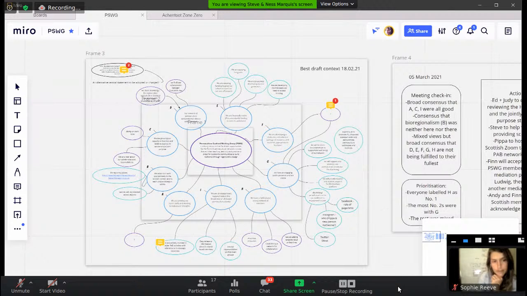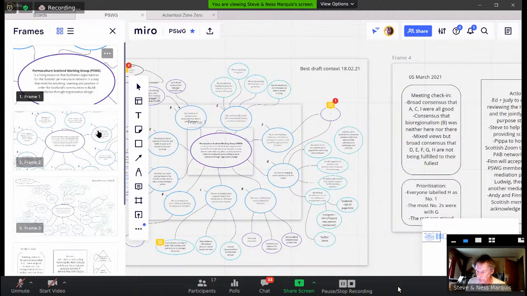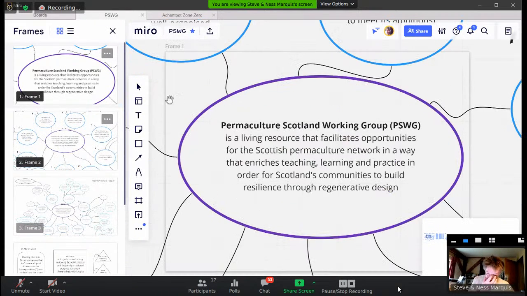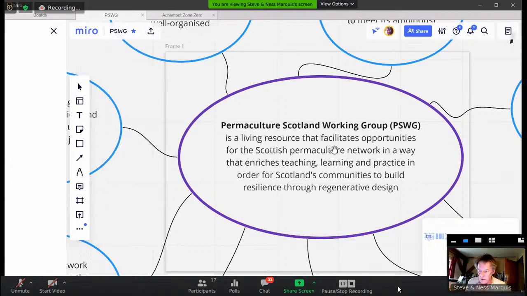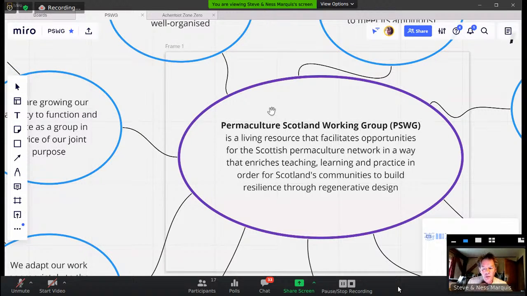Zoom in. So there we are. Can you see this? Sorry, it's a messy screen. The Permaculture Scotland Working Group. It's part of the Permaculture Association Britain, but it's a separate circle to deal with things in Scotland.